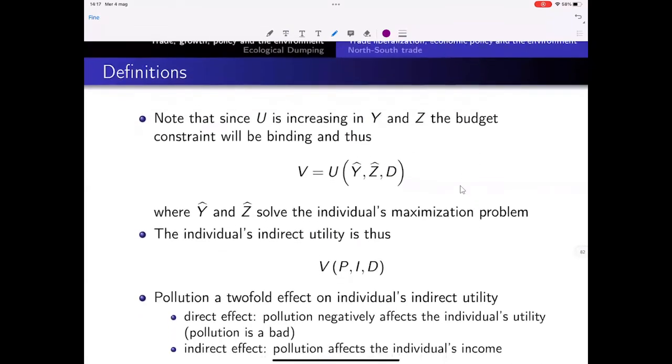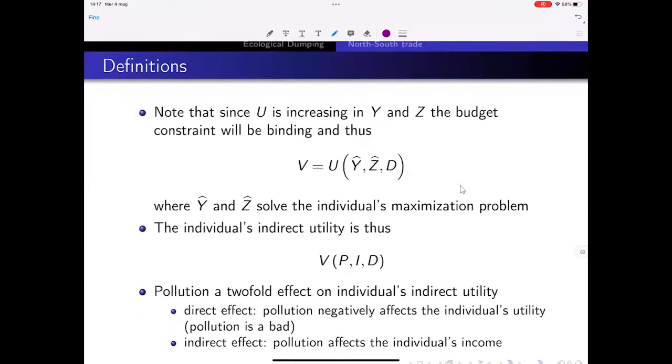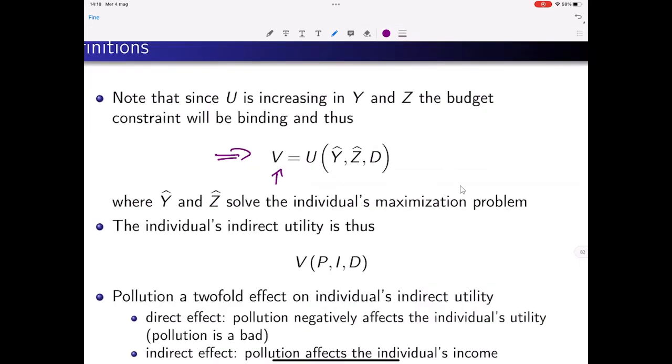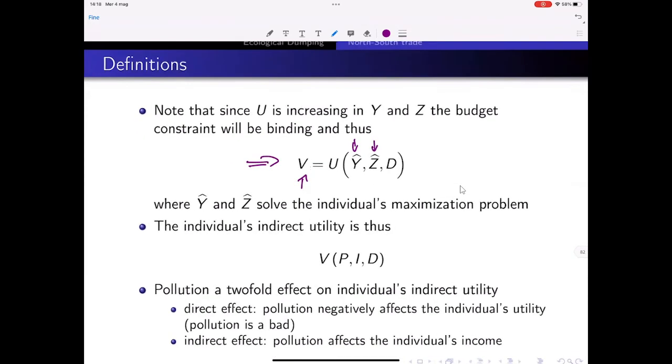Now, what I'm going to do is the following. First of all, I define what my indirect utility is. V is my indirect utility, that is, the utility at the maximum. Remember, because I choose Y and Z, I call V the indirect utility. This is the definition of the indirect utility.